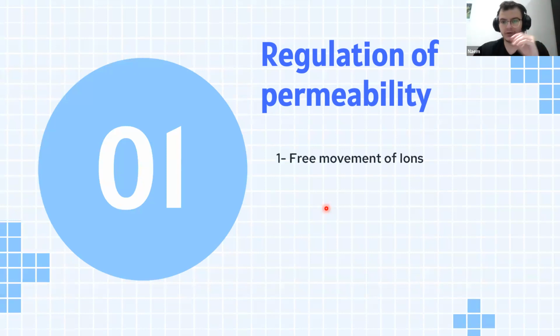So first of all, remember this concept. Ions move freely. The endothelium allows the ions to move freely by diffusion. Basically, it depends on the osmolality of the blood and the osmolality of the interstitial fluid surrounding it. As simple as that. So ions, sodium, calcium, all of those, move freely through the endothelial cells.